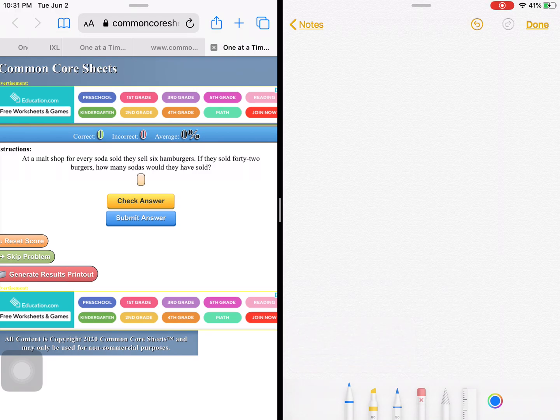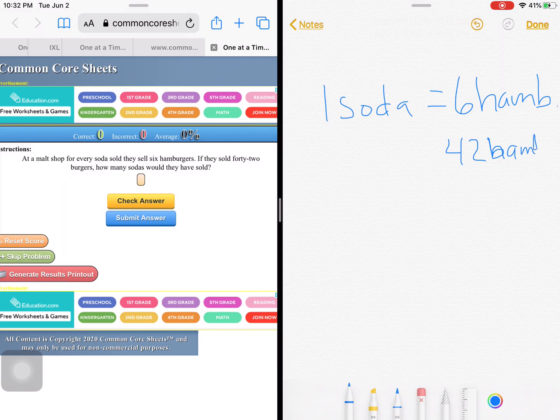So, if they sell 1 soda, they sell 6 hamburgers. Right? So if they sold 42 hamburgers, how many sodas is what it's asking.